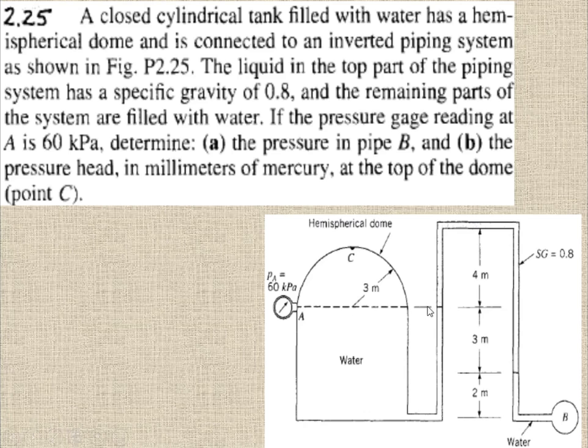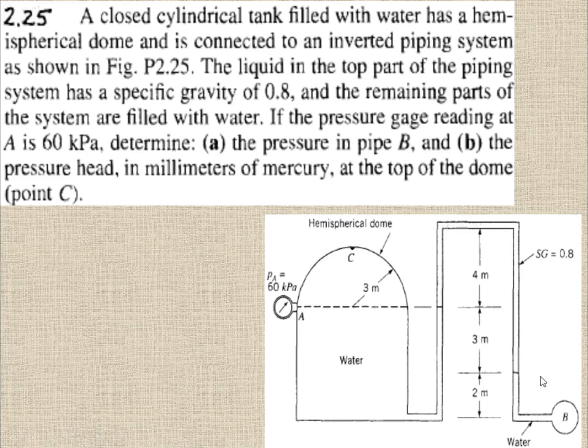Because this is a continuous fluid, whatever the pressure is here, the same pressure is applying here. That we have previously discussed. So 60 kilopascal is the pressure at this point. So 60 kilopascal equals, what is the pressure here? PB. And then from PB we are going up. When we go up, the pressure decreases.